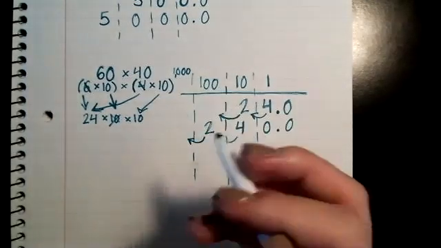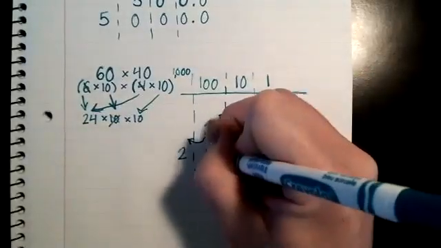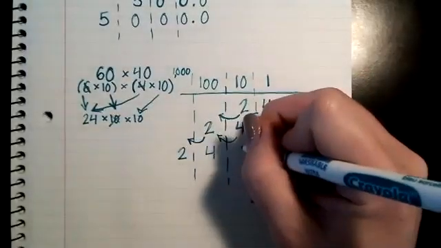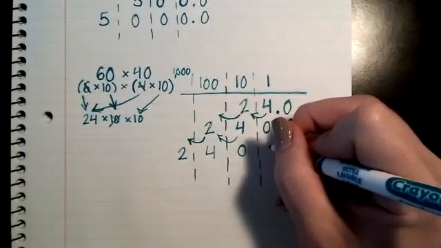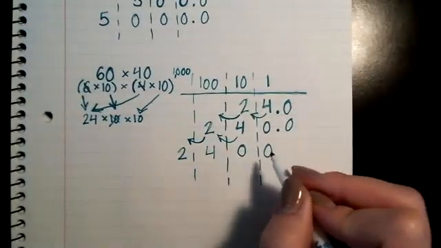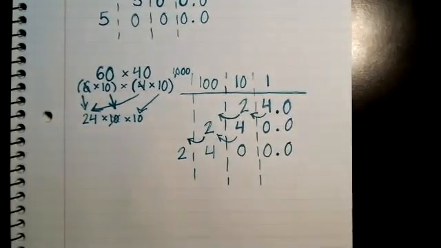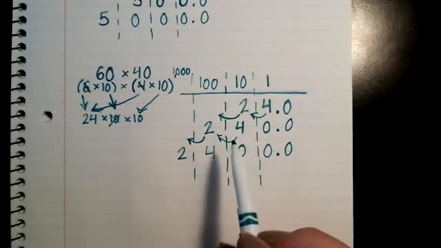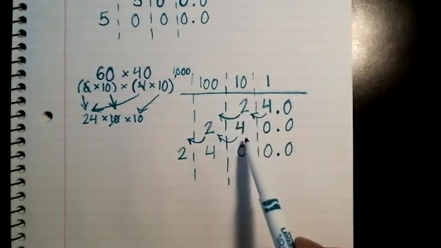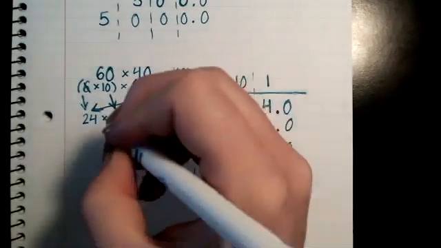So my 240 is going to turn into 2,400, and then 0 in the tens, 0 in the ones, okay? I'm putting those zeros in those blank spaces. And my decimal point does not move, okay? So I did 24 times 10 and then 240 times 10, and I got to 2,400.